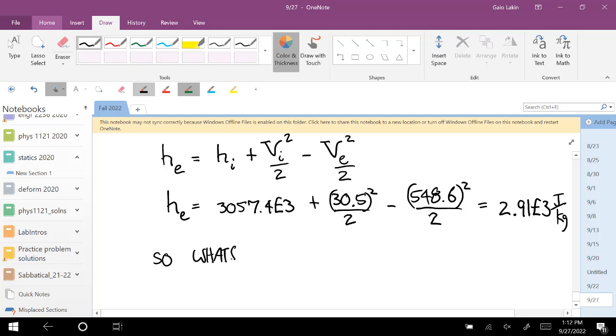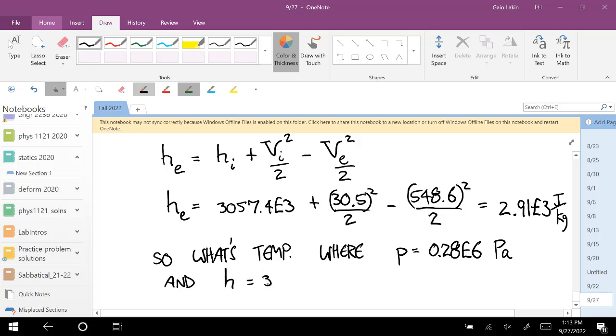So the question is, what's the temperature where you have a pressure of 0.28 times 10 to the 6 and an enthalpy of 3057.4 times 10 to the third joules per kilogram.